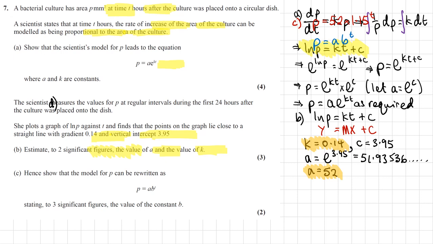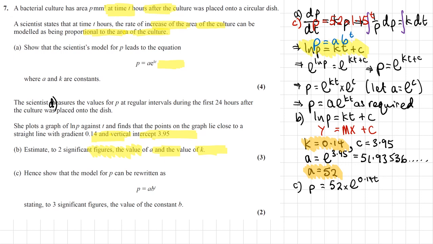Moving on to part C, and that says, hence show that the model for P can be written like this: P is equal to A times B to the power T. So if I go back to the model that I've got for part A, P is equal to A, which is 52, times e to the power kt, so that's 0.14t.